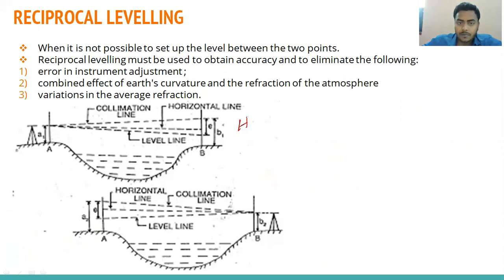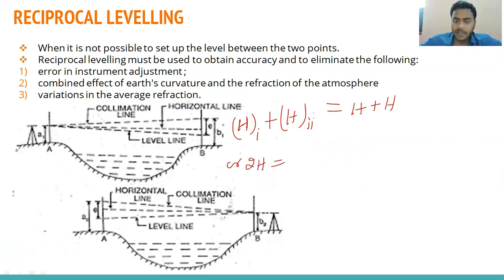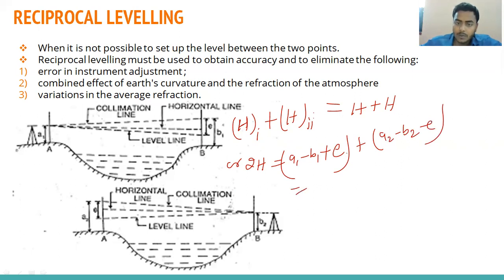H from the first equation plus H from the second equation, which will come as H plus H, so we can write 2H. From the first equation we get H is equal to A1 minus B1 plus E. From the second equation we get H is equal to A2 minus B2 minus E. So you can see E will cancel.